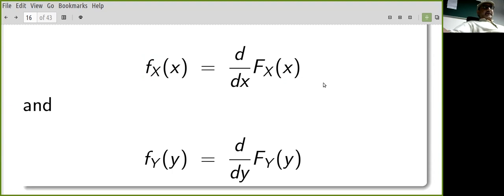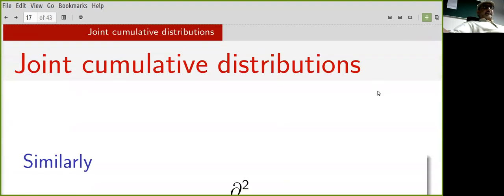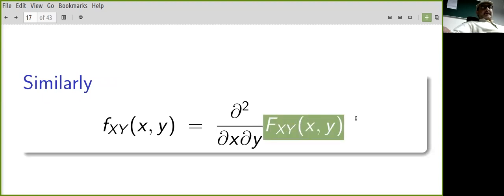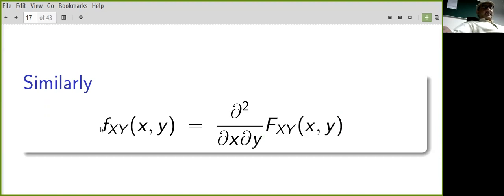So similarly, if I have the joint cumulative distribution, capital F sub xy, and I want to find the joint PDF, small f sub xy, then I take the partial derivative with respect to x and with respect to y of the CDF, and that will give me the PDF.